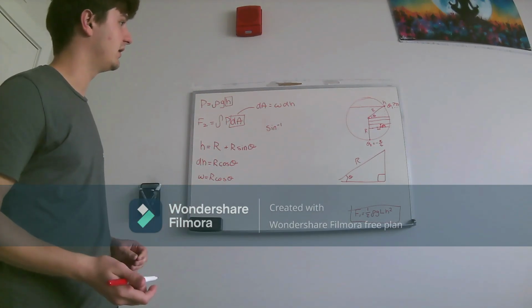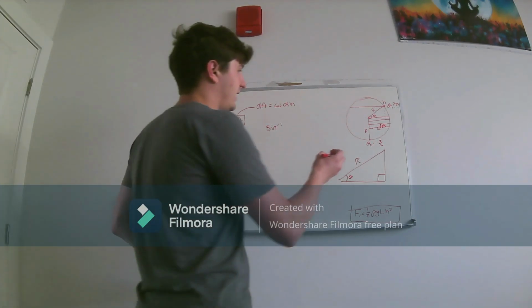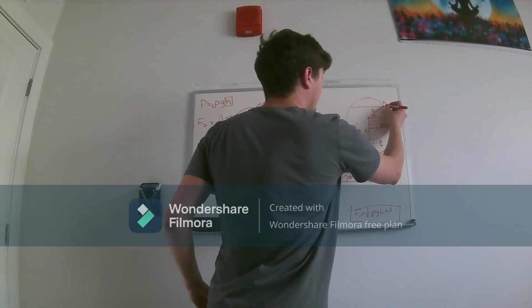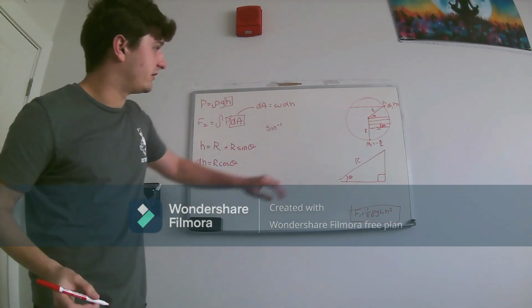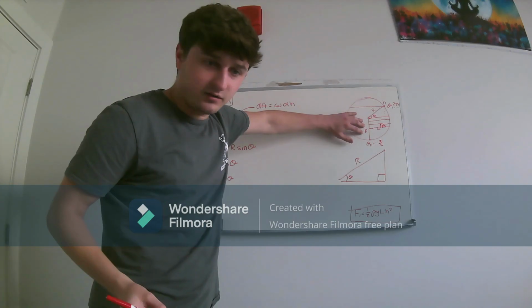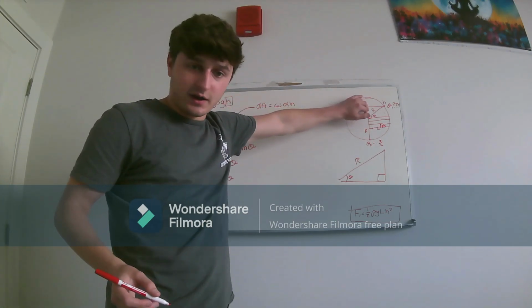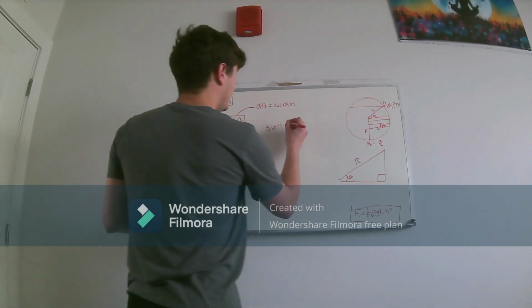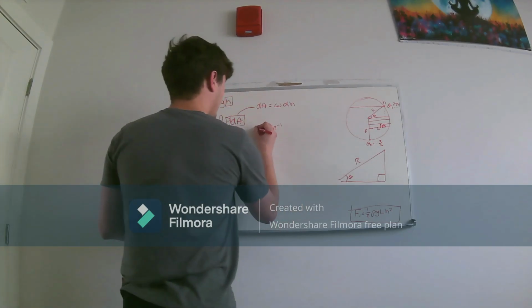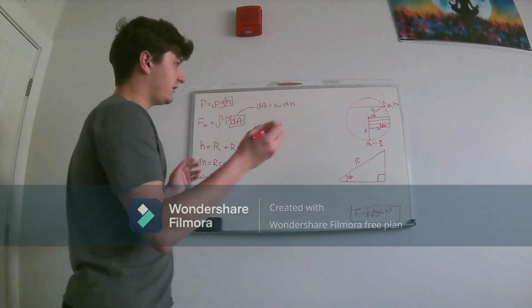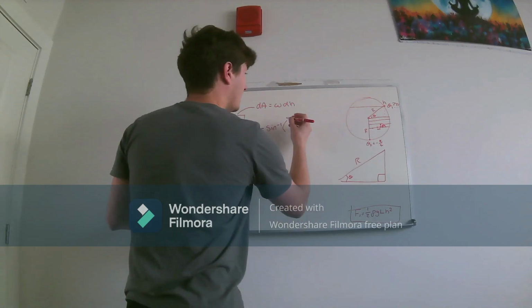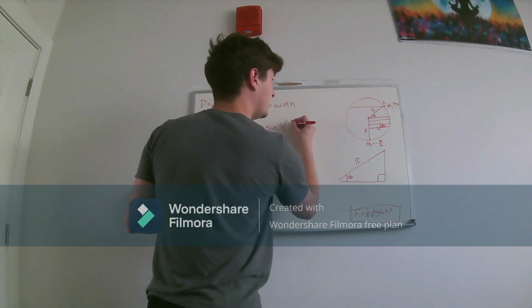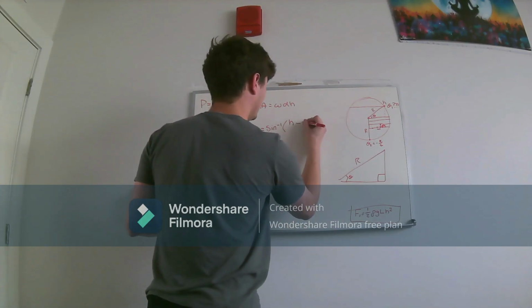We have our total height right here. We're going to subtract our radius, and then divide by our hypotenuse. So simply, theta 1 is going to be equal to the inverse sine of h minus r over r.